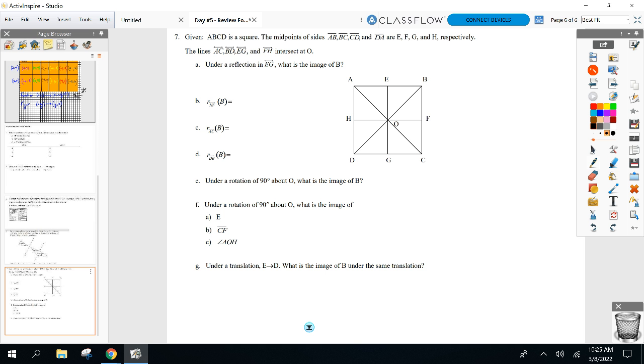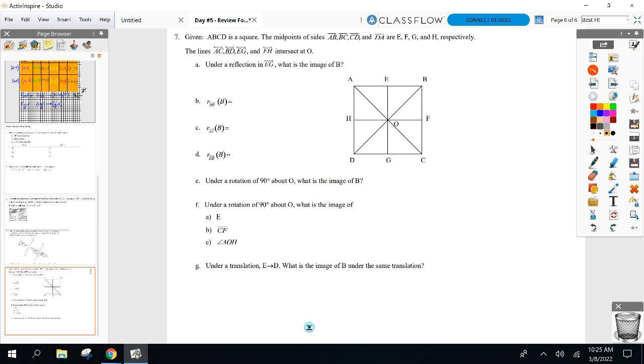Okay, I just wanted to take you away from the graph paper now, but still do a rotation and reflection and translation with you. All right, but get you off the graph paper a little bit. So all these directions up here, basically they're saying A, B, C, D is a square, and E, F, G, and H are all midpoints. Okay, they're all midpoints. So they're halfway in between each of them.